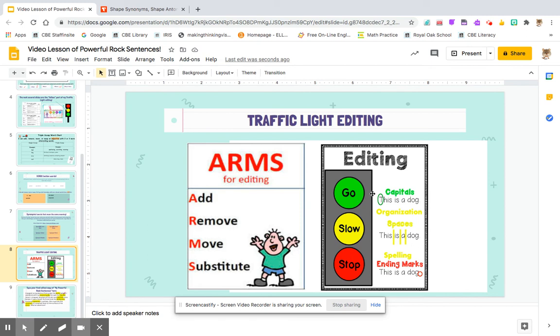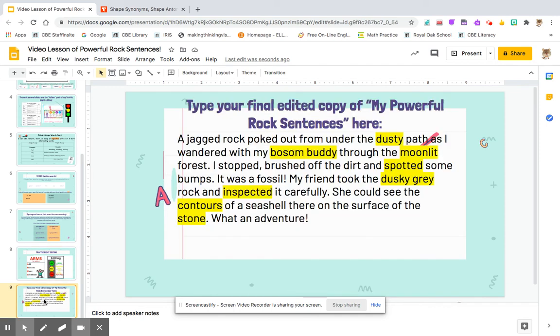Now I'm going to look for any capitals that I need to change. Am I missing any capital letters? And also my punctuation. Did I put all of my periods in, or is an exclamation mark better? And I will go through and read this again, and I can see, oh yeah, I've got my capital A, so that's all good.